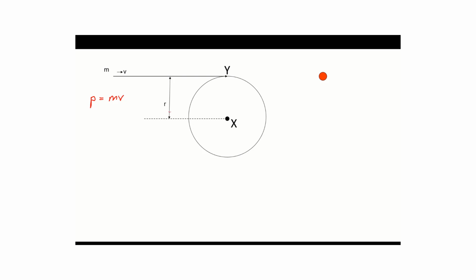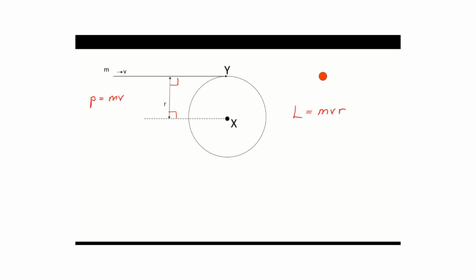That means it's at a right angle to the line of path. And we say that that has an angular momentum equal to mvr, the mass times the velocity multiplied by the perpendicular distance.